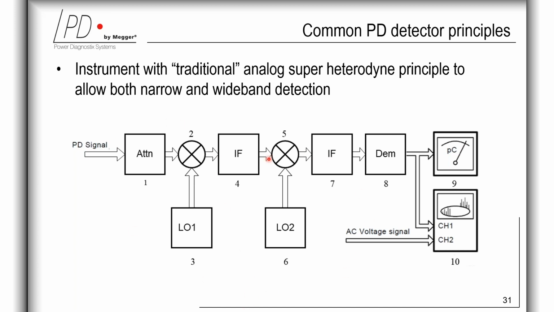And this figure here is showing the block diagram of a two-stage heterodyne circuit with an input attenuator, the first mixer, local oscillator, the first intermediate, second mixer, second local oscillator, second intermediate, the modulator, and followed by a meter and then oscilloscope.